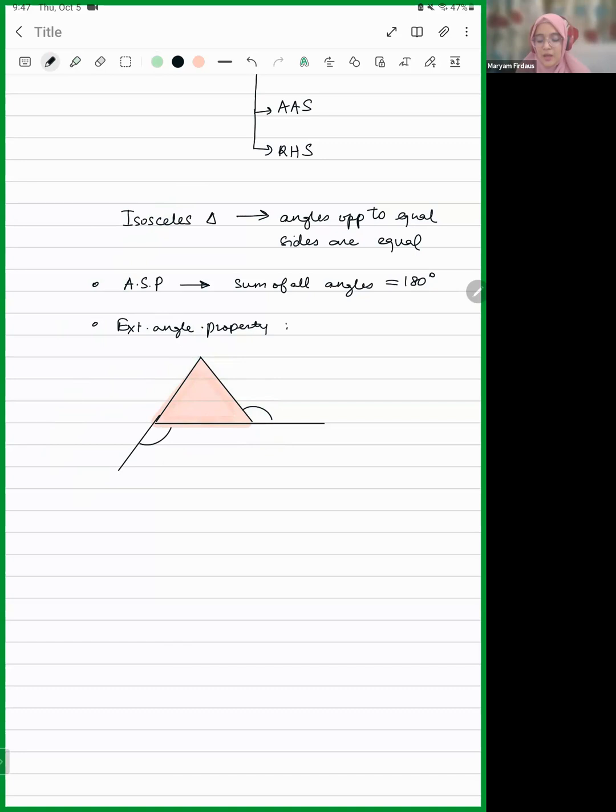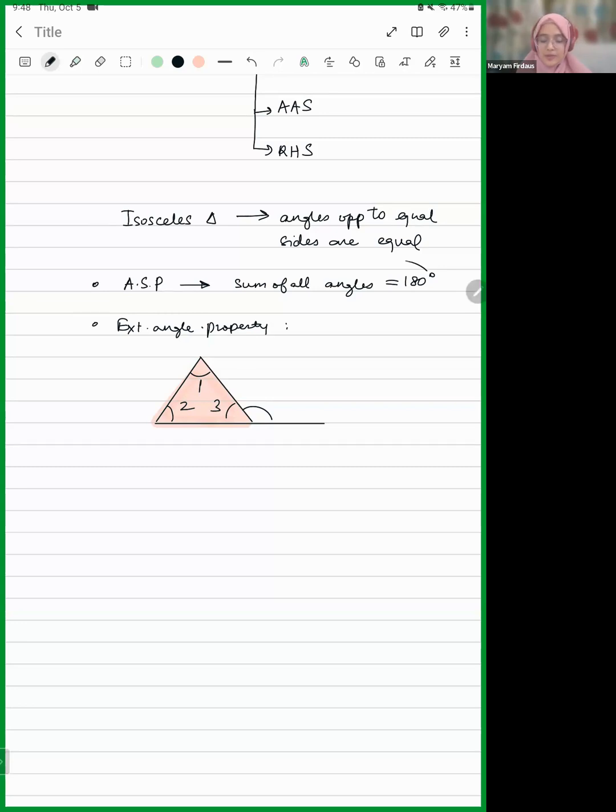Okay. What the property says is that, see, we know that there are 3 interior angles of a triangle, right? Angle 1, angle 2, angle 3. The angle sum property deals with the interior angles. It says the sum of all the interior angles of the triangle is 180.